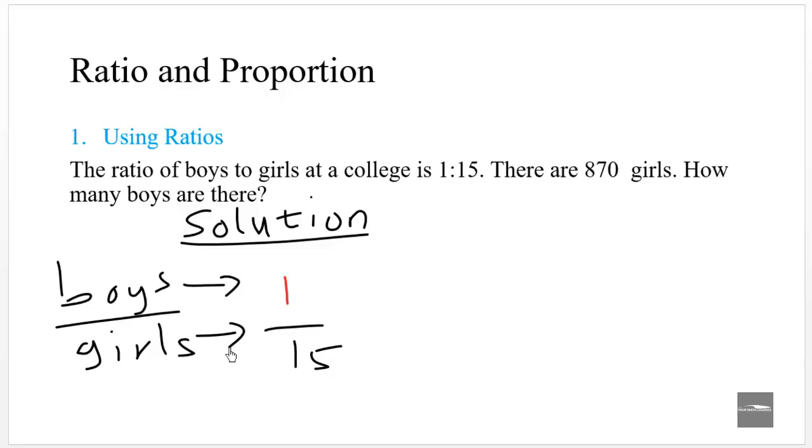So let x be the number of boys. So if x is the number of boys, then 1 out of 15 will be equal to x over 870.